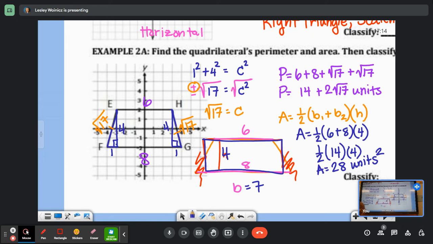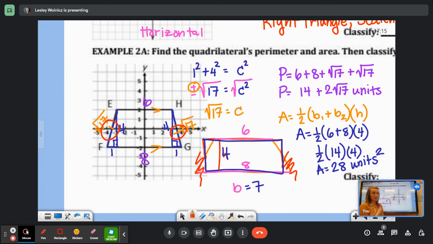We already said that this was a trapezoid, and we can tell it's a trapezoid because we have opposite sides that are parallel. Those sides both have a slope of 0, so they have to be parallel. That's what makes it a trapezoid. Now, this is not just any trapezoid, because in addition to having parallel sides, we also have a pair of congruent sides.